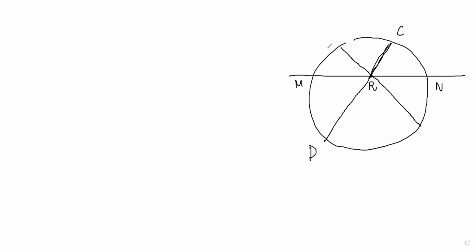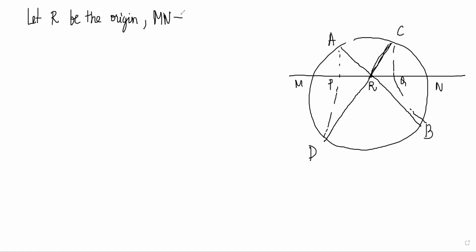And my conic could be anything like this. This was P and this was Q. So let's say for now, let R be the origin, and we are setting up our coordinate system with MN as the x-axis.